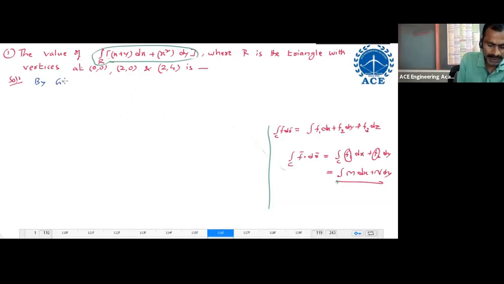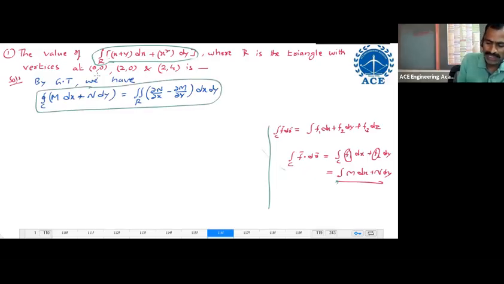By Green's theorem, we have the integral over C of M dx plus N dy equals the double integral over R of ∂N/∂x minus ∂M/∂y dx dy.